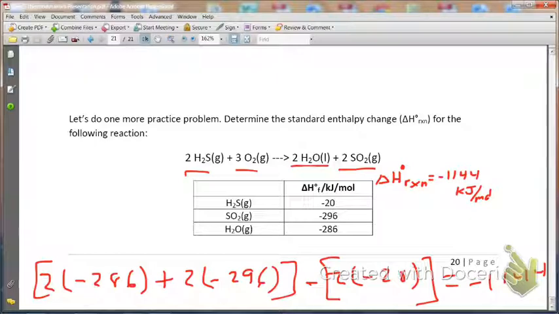So that's essentially how we use the heat of formation values to calculate the delta H of the reaction. So at this point, there are three methods we have found to calculate the enthalpy change of a reaction. 1, using calorimetry. 2, using bond enthalpies, the amount of energy to break a bond minus the amount of energy to form a bond.